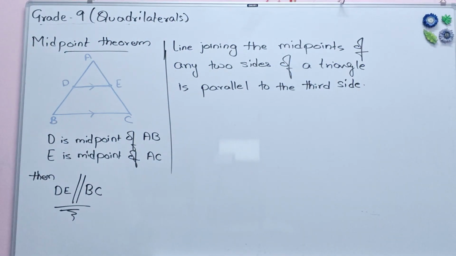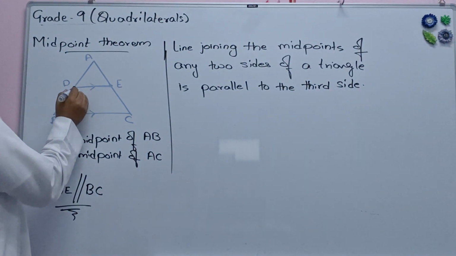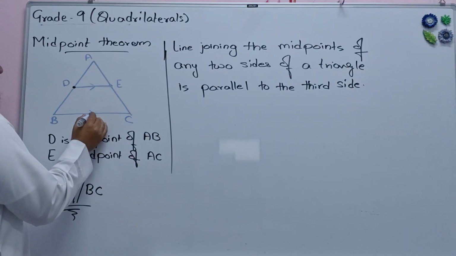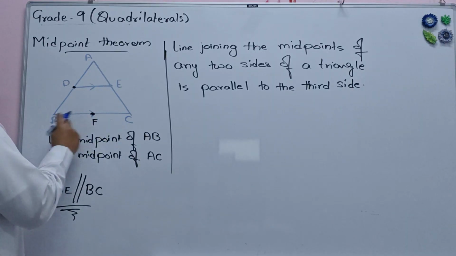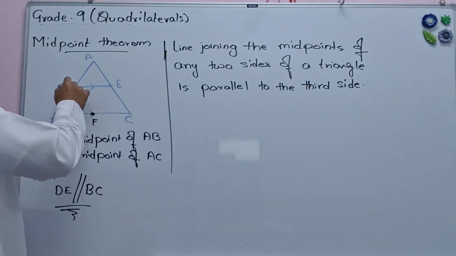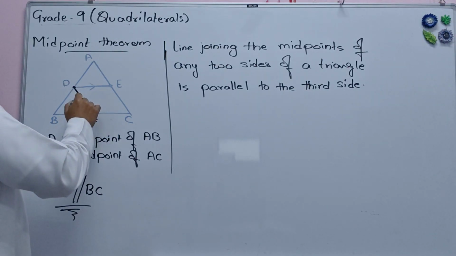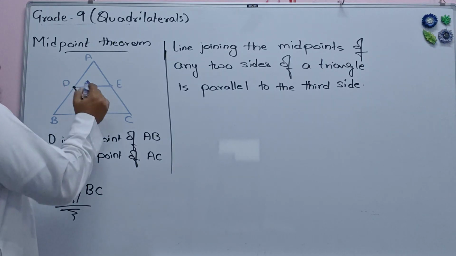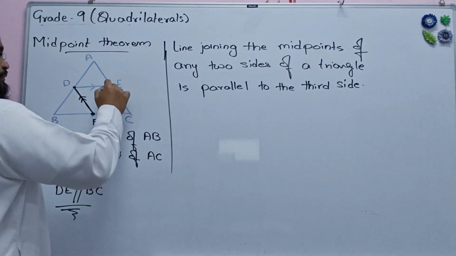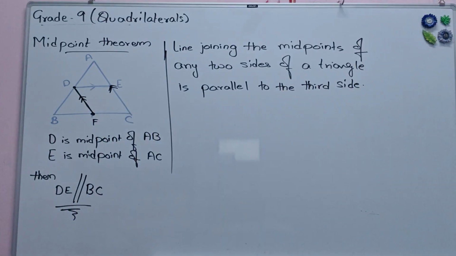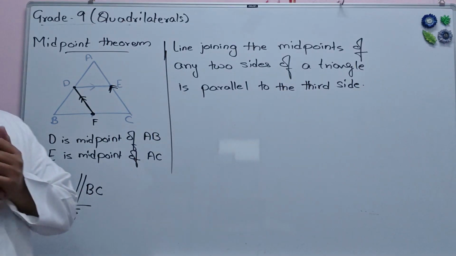Got it? So suppose, this is already a midpoint, let me take F as the midpoint of BC. Now if you join D and F, you can see that DF is parallel to AC. Got it? So this is the midpoint theorem.